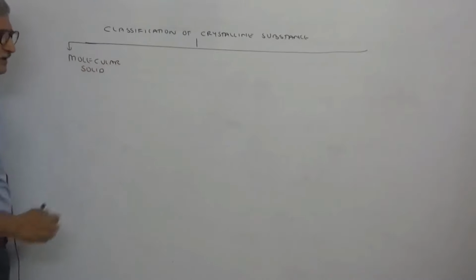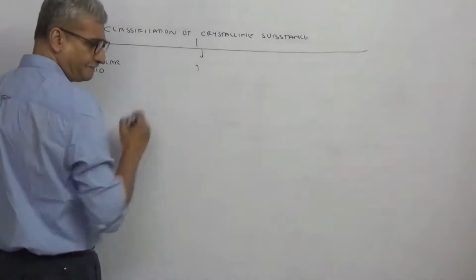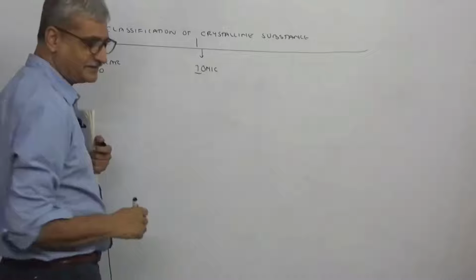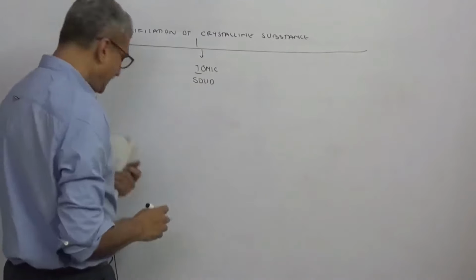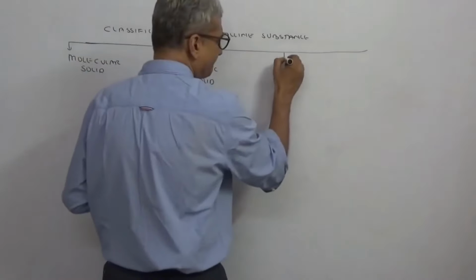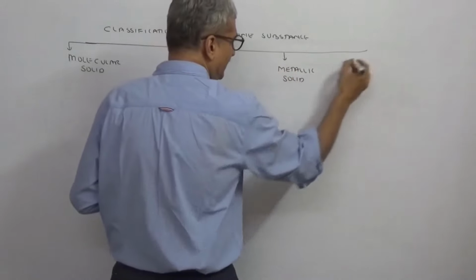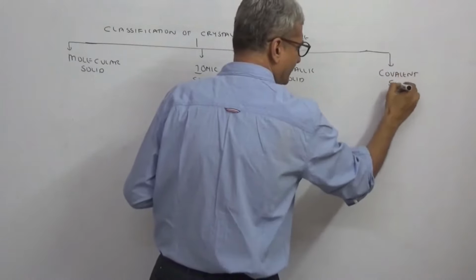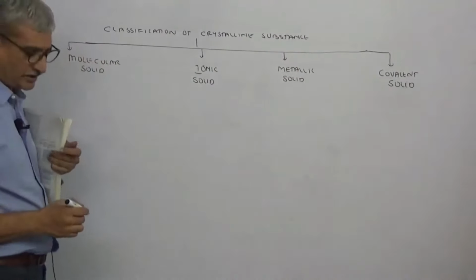We have molecular solid, then ionic solid, then we have metallic solid, and lastly we have covalent solid. I'll edit this in the recorded version, don't worry. So this is the broad classification.